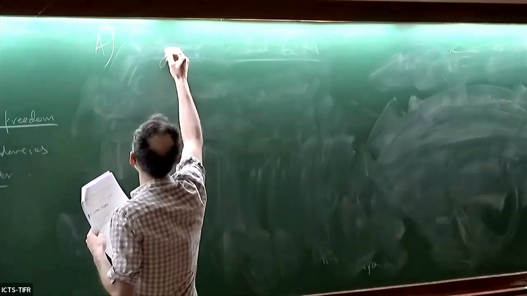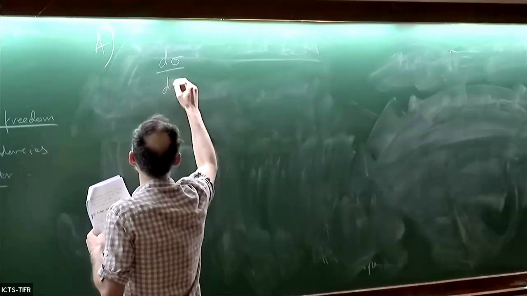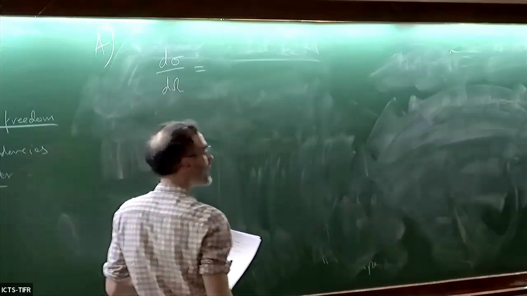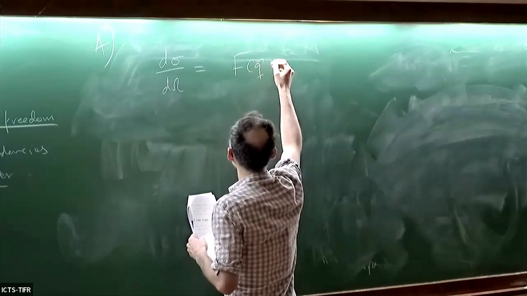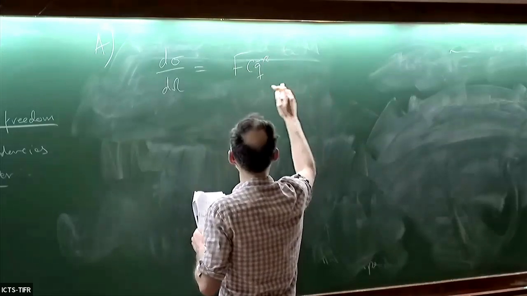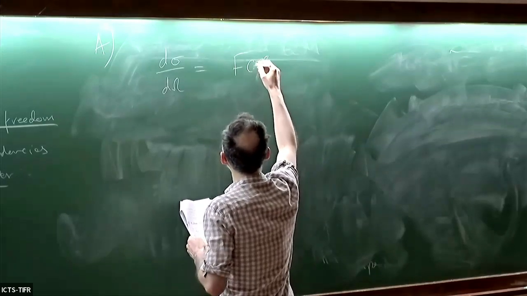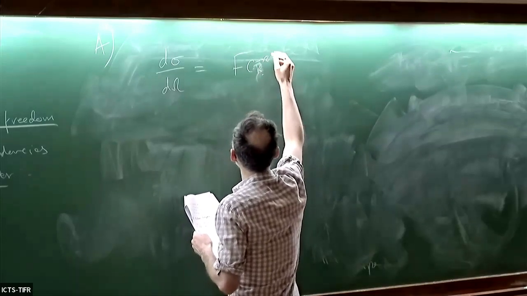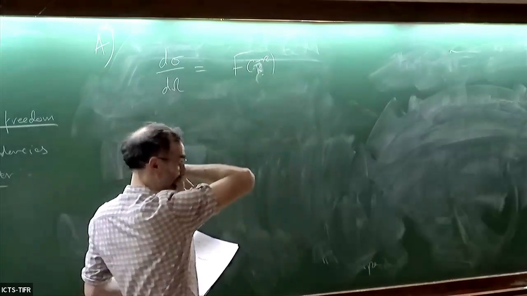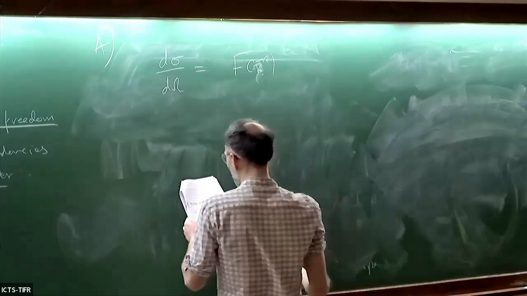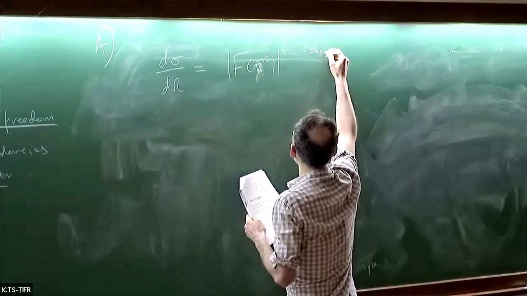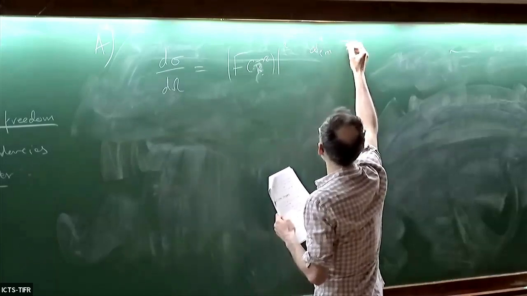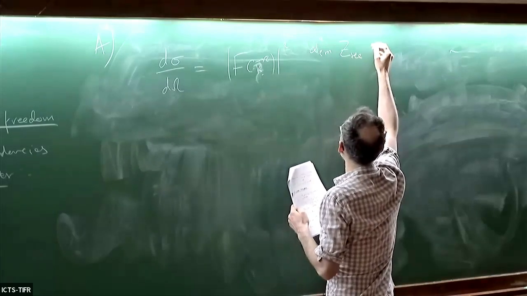You have that the cross section for a solid angle will be some form factor F of this change in 3-momentum. Let's call it K, like in the other case, K squared. Now this is a 3-vector, a 3-wave vector.